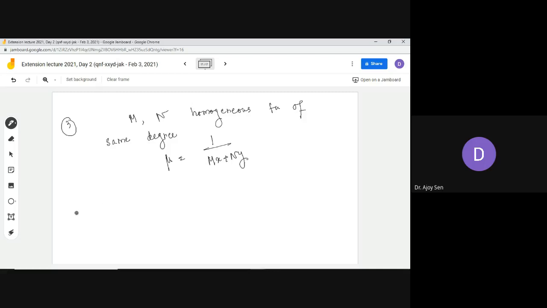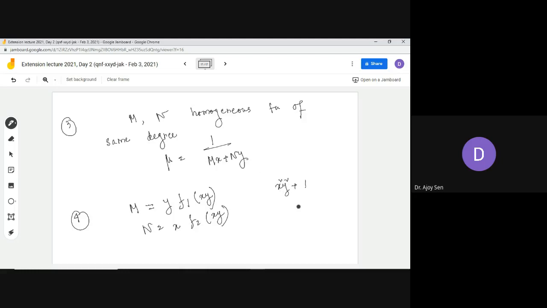This is number 3. Number 4, for example, this M function is of this form, y f1(xy), and N is x f2(xy). That means M is y into some function of xy. A function of xy means, suppose x square plus y square plus 1, this kind of function.